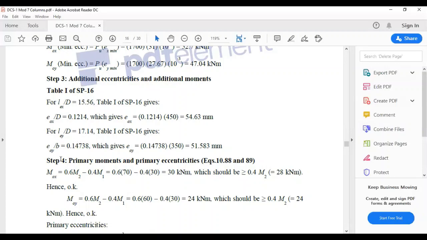Using this expression, we'll find the value of EAY like we did for EAX. So this gives the value of EAY as 0.14738 multiplied by 350, which is B, and it comes out to be 51.538 mm.